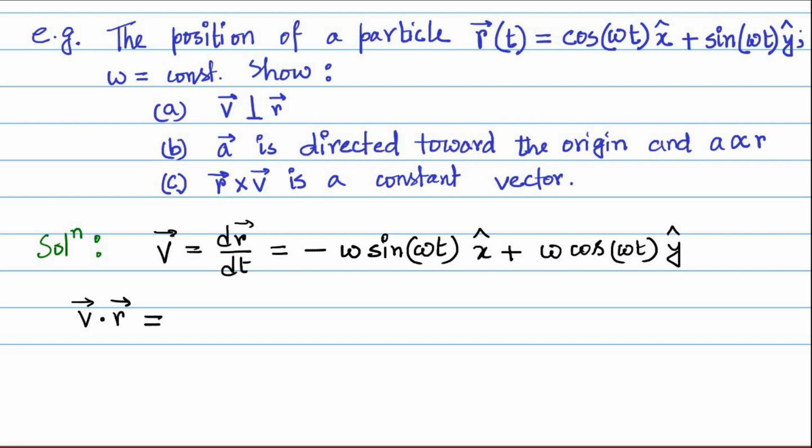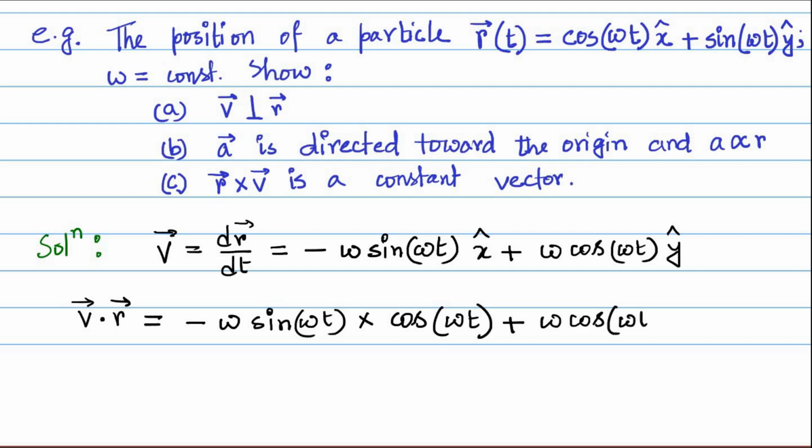So negative omega sine of omega t, that's the x component of v, times the x component of r, which would be cosine of omega t, plus you have omega cosine of omega t times sine of omega t.